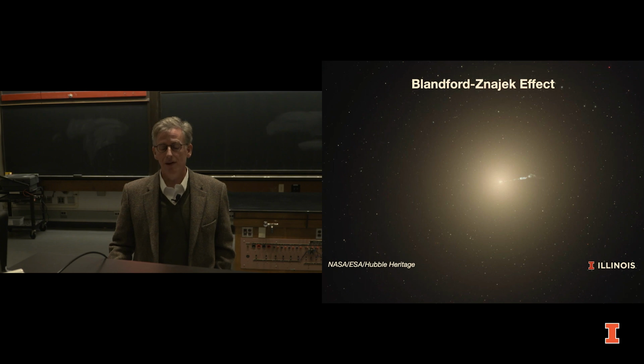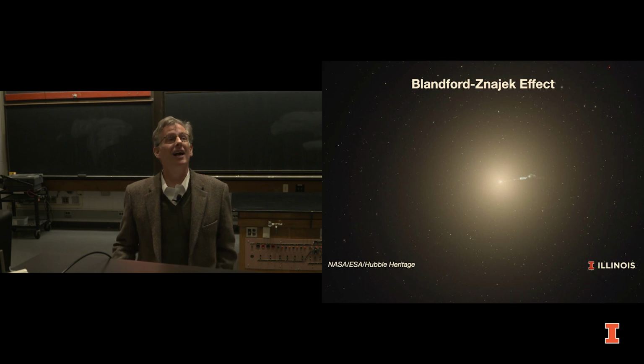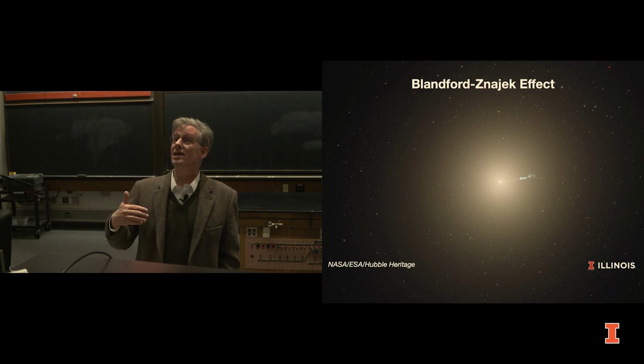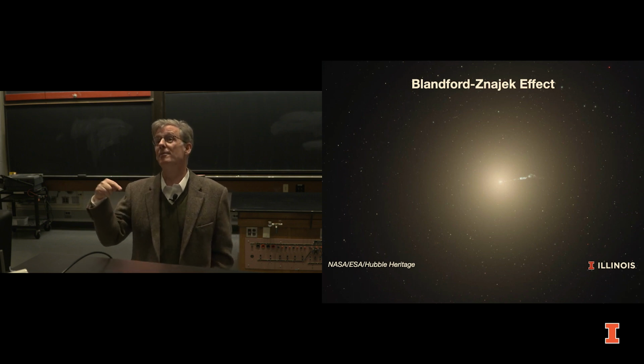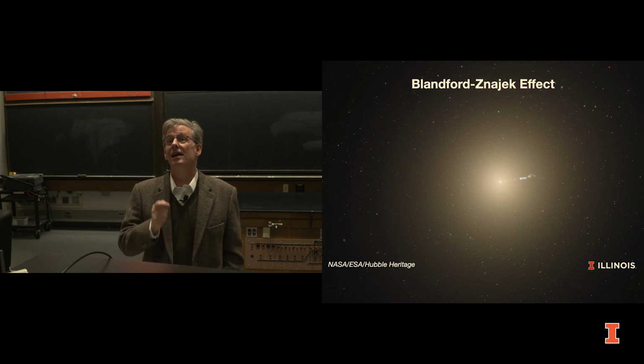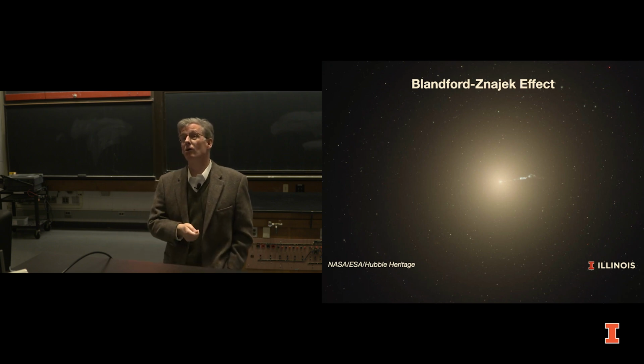And he just made a little note in his paper, said, you know, there's something interesting going on in this galaxy. And nowadays, we know that this is a jet of plasma that's coming out of the center of the galaxy and actually emerges from very, very close to the black hole.